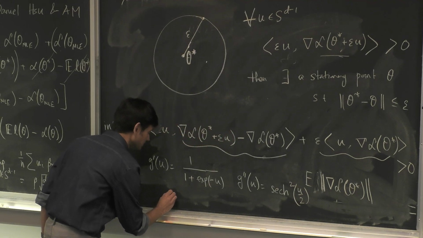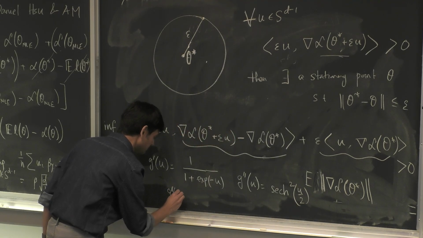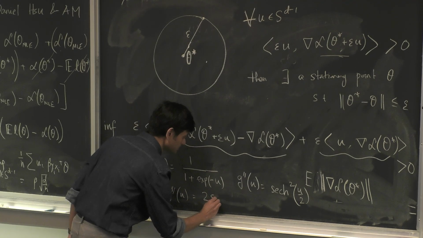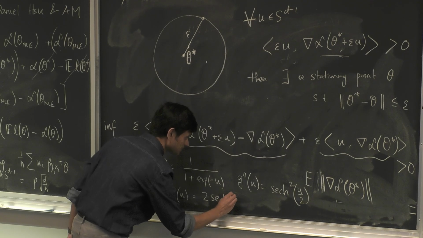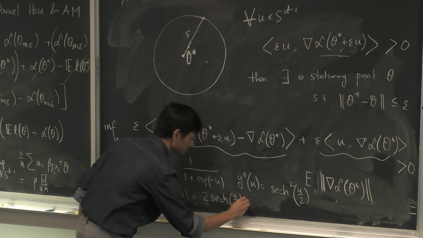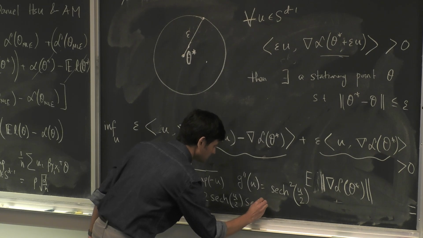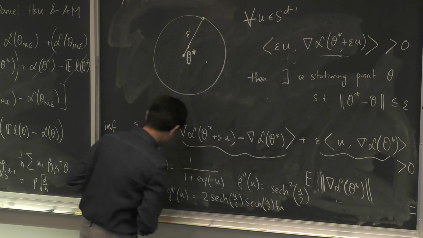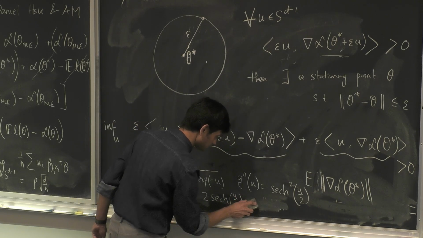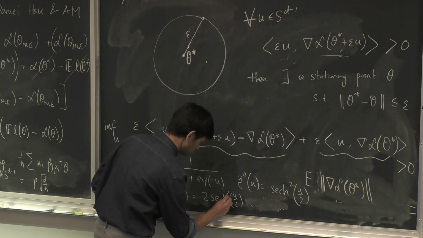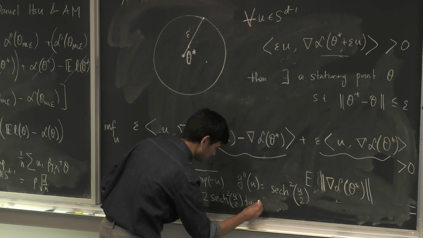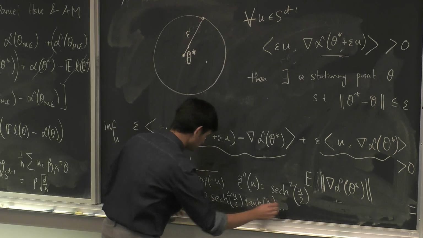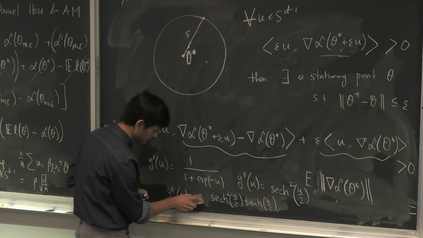And if you do another one, then that's going to be twice sech of u over 2, and this is sech of u over 2 times tanh. So this is basically going to be sech squared times tanh of u over 2. There is a reason, and then there will be a half. That half is going to cancel this thing.